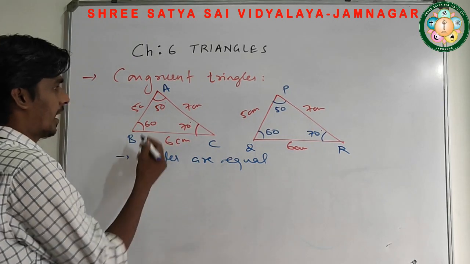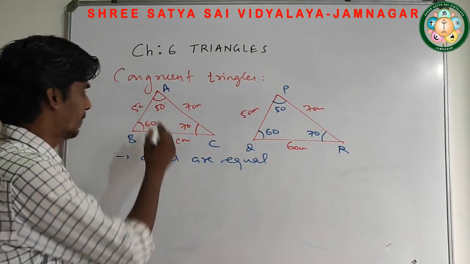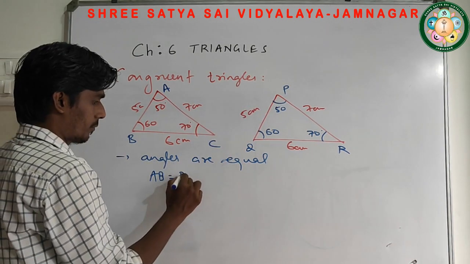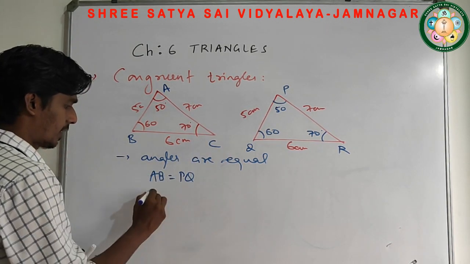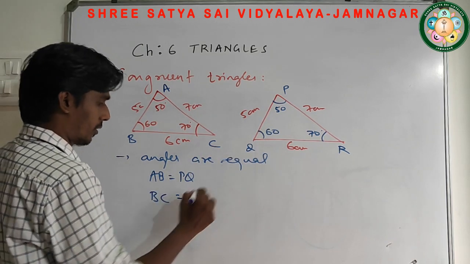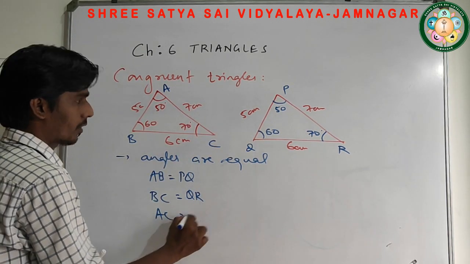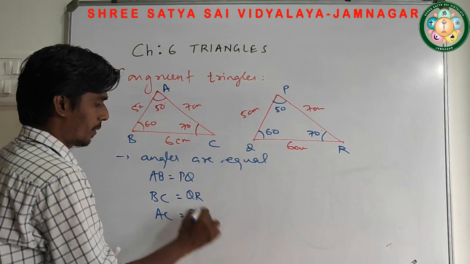But along with that, I can say that corresponding sides are also equal. AB is equal to PQ, BC is equal to QR, and AC is equal to PR.